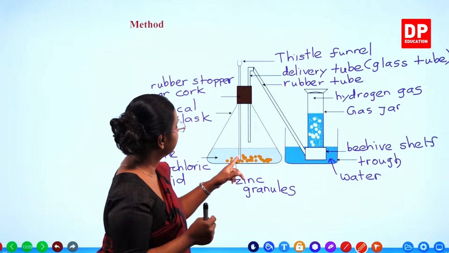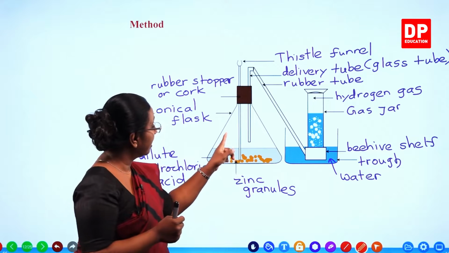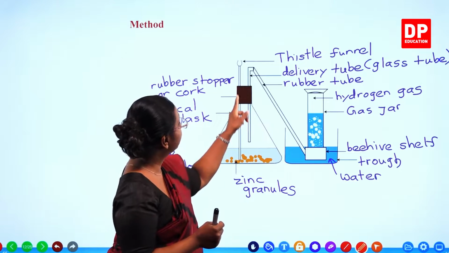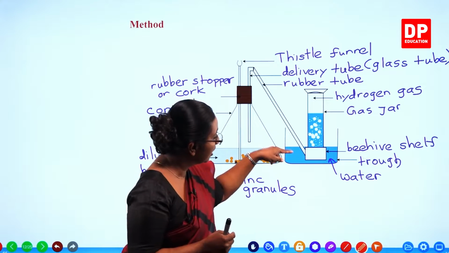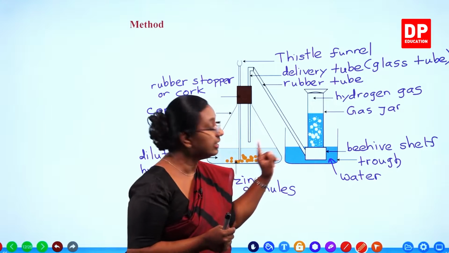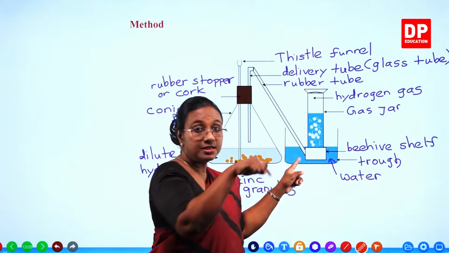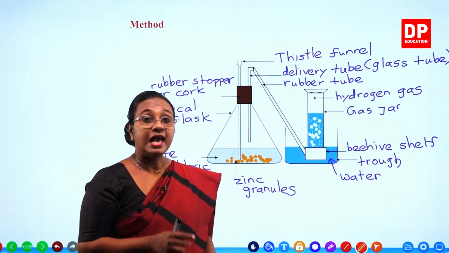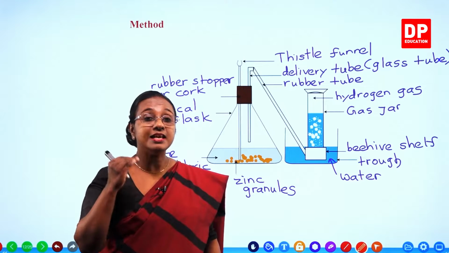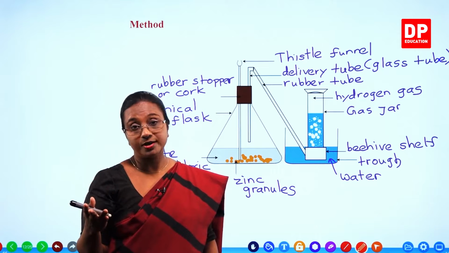So what happens is when zinc granules and dilute hydrochloric acid react, hydrogen is produced that travels through the glass tube, that is the delivery tube, then through the rubber tube, through the hole into the beehive shelf, and from there through the circular opening it enters into the gas jar. And since hydrogen is less dense than air, it is also less dense than water.